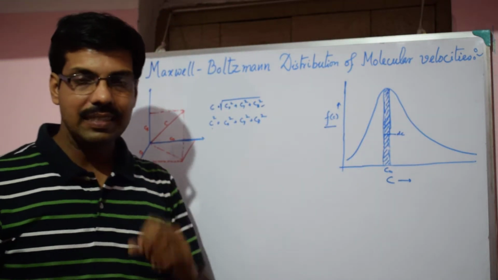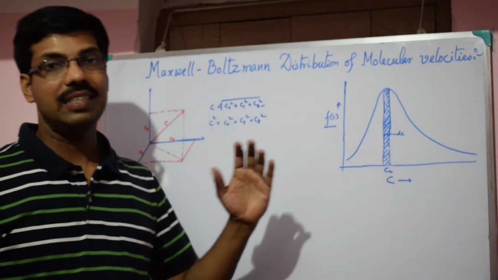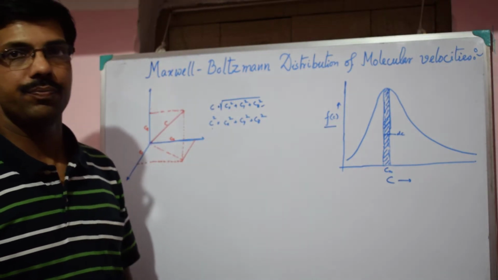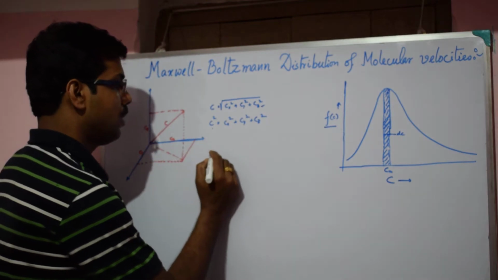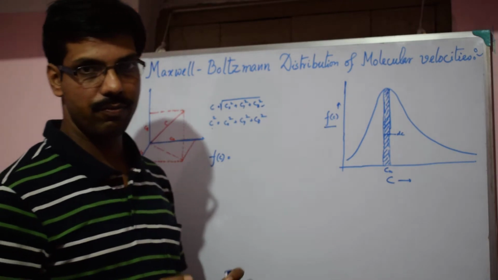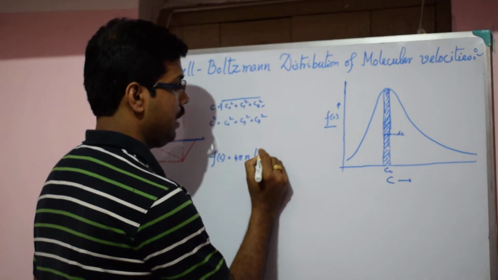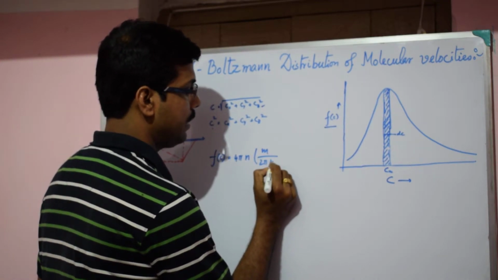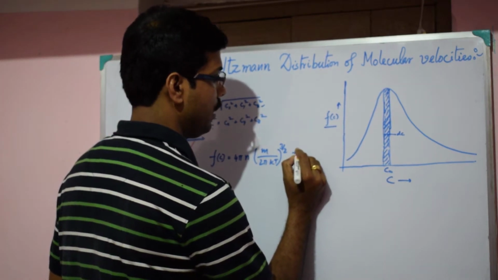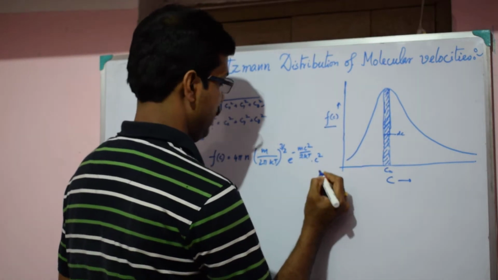But our attention in this video is on how this distribution formula is attained. So we first come to the general form F(c), where we get the Maxwell-Boltzmann distribution formula: 4 pi n times (m by 2 pi kT) to the power 3 by 2, into e to the power minus m c square by 2kT, into c square.